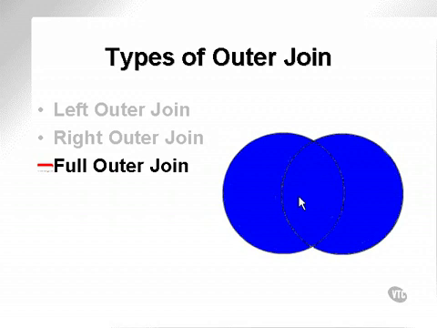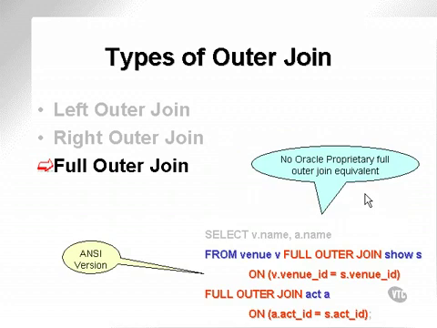The full outer join selects the intersection, plus all the rows in the first set not in the intersection, and all the rows in the second set not in the intersection. The point is, it doesn't join them all together. So it's definitely not a Cartesian product. So we don't really need to display an Oracle proprietary version of the full outer join because, as I said, it doesn't exist.